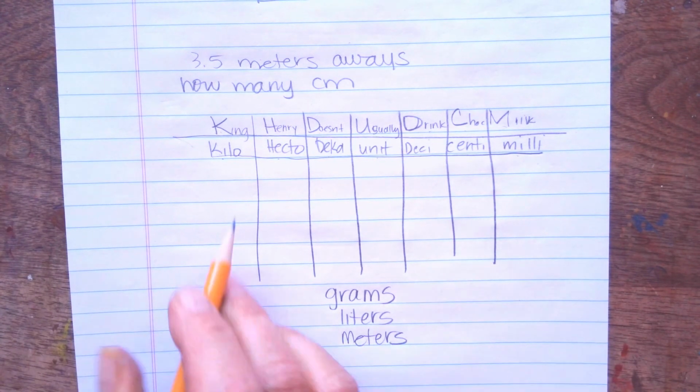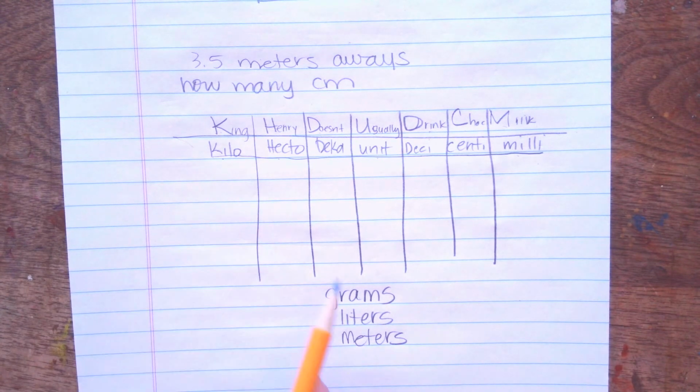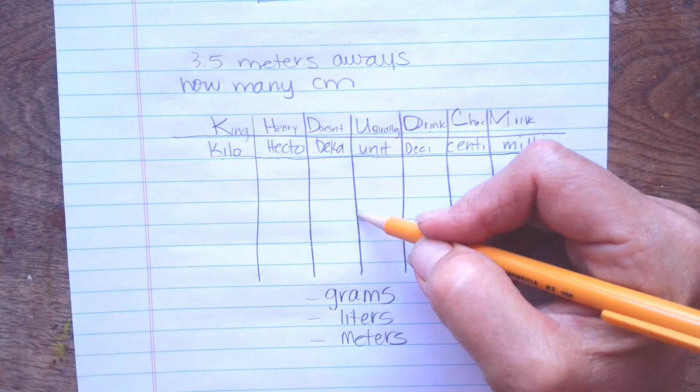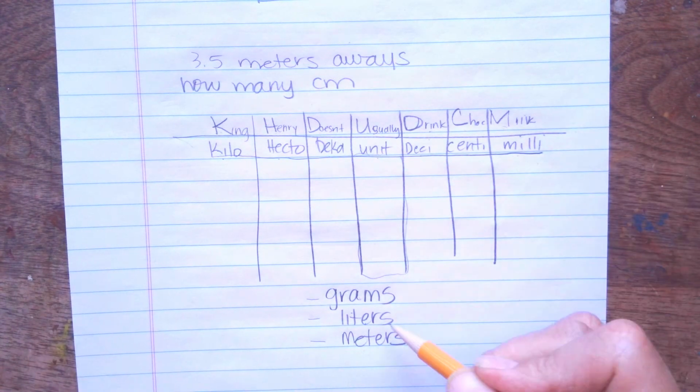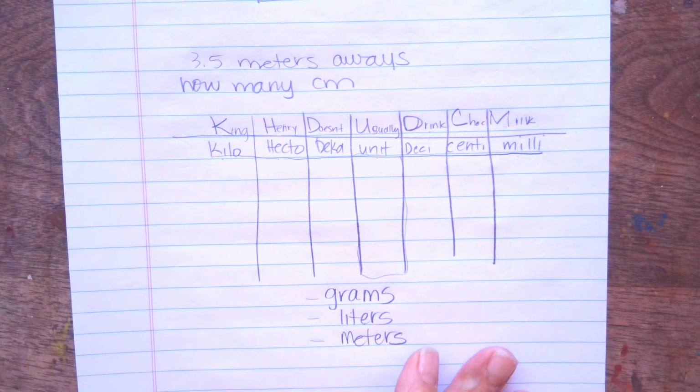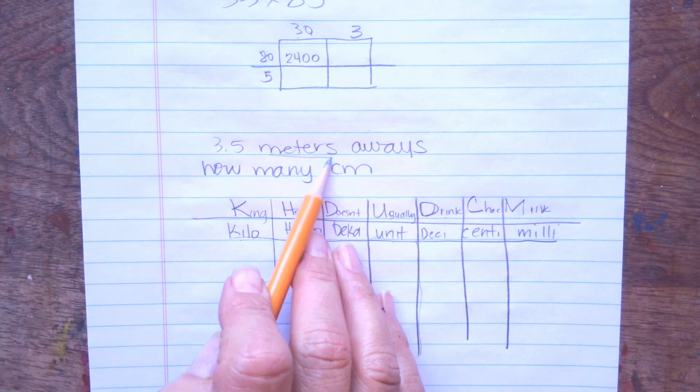So it would be a kilogram, a kiloliter, and a kilometer. A hectogram, does that make sense? So these are the units that would go here. It would either be a gram, a liter, or a meter. So for this one, we know that it's a meter, right?